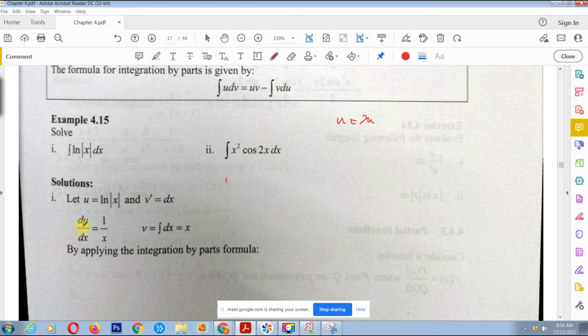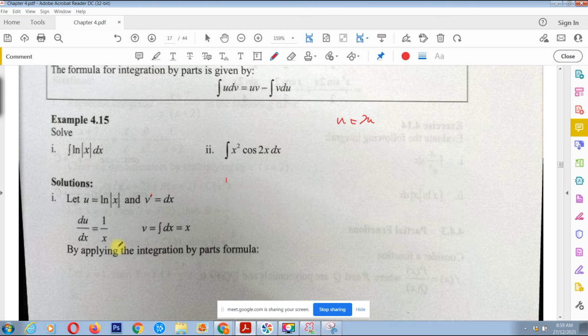So for u we differentiate, for v prime we integrate to get v. We integrate v prime, we get x. We differentiate u, we get 1 over x. This is quite difficult here, just make sure you remember how to use this.